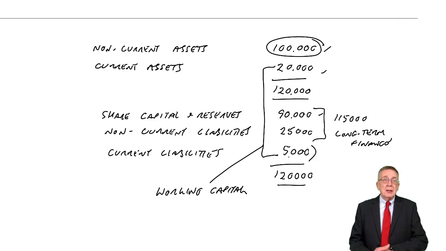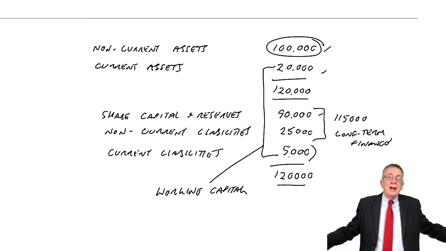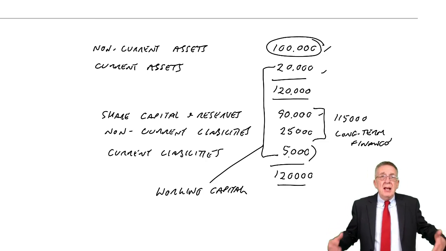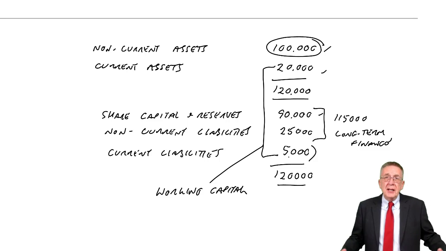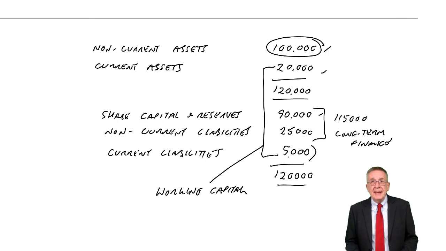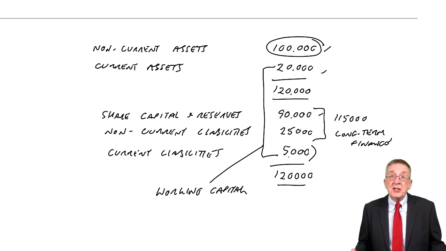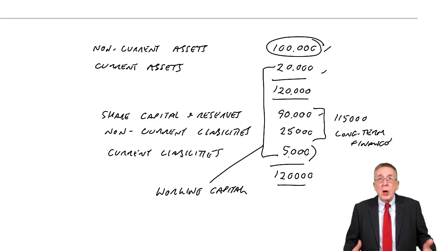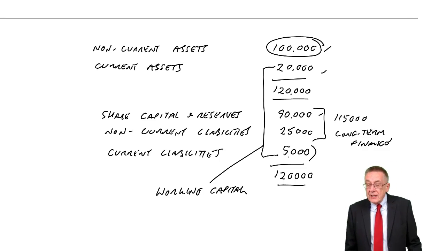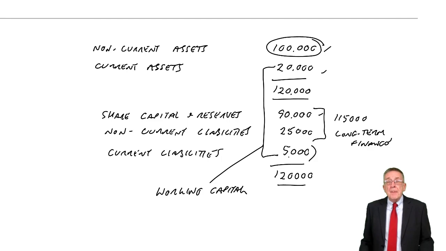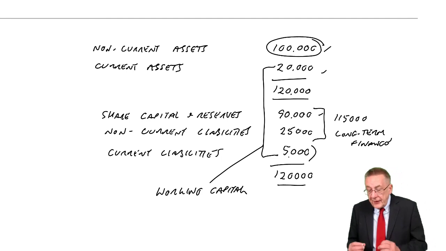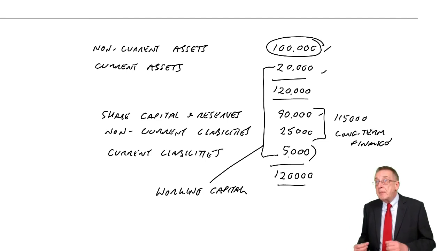If the working capital is too high for the type of business, if they're carrying far too much inventory, if they're allowing customers far too long a period to pay, and therefore receivables are too high, then not only is it inefficient, carrying too much inventory, there's a danger you might never sell it. It becomes old and obsolete.